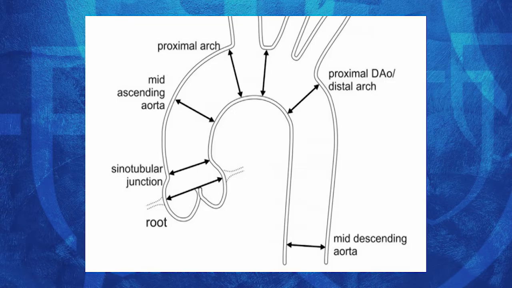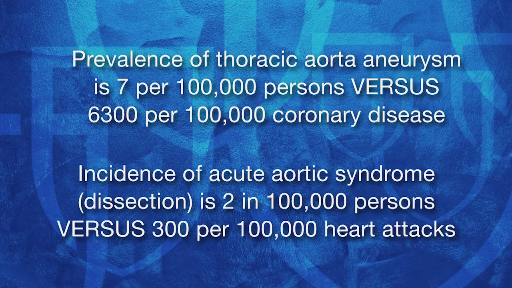Now, how common is this disease of dilatation of the thoracic aorta? The word aneurysm means dilatation, that something is getting bigger. These dilatations of the aorta in the chest affect about 7 per 100,000 people. I give you the comparison to coronary artery disease in the US, where the number is much bigger than 7 per 100,000.